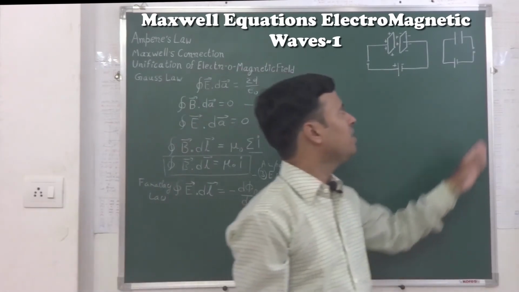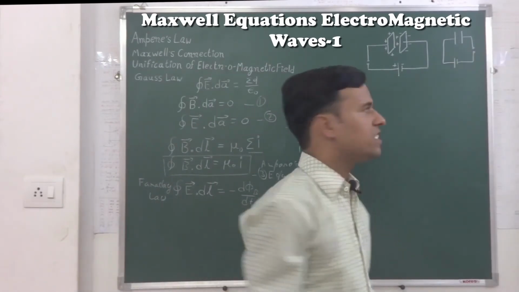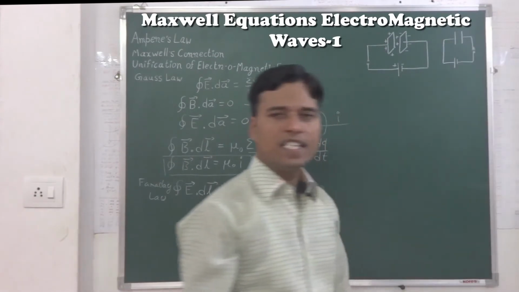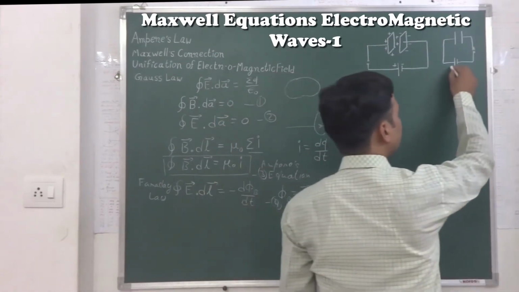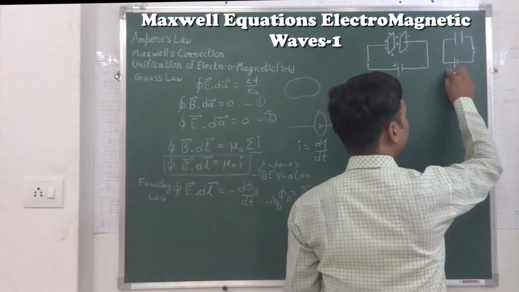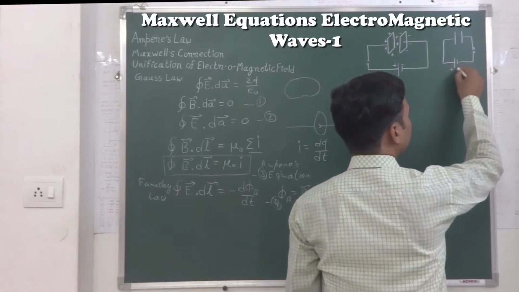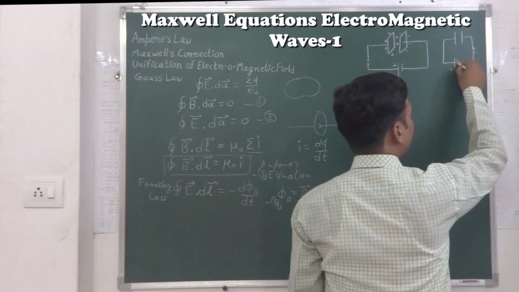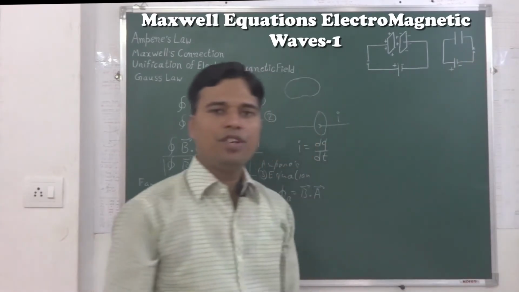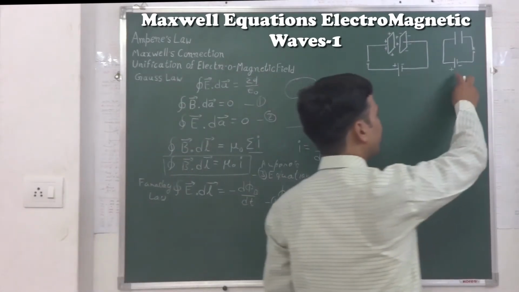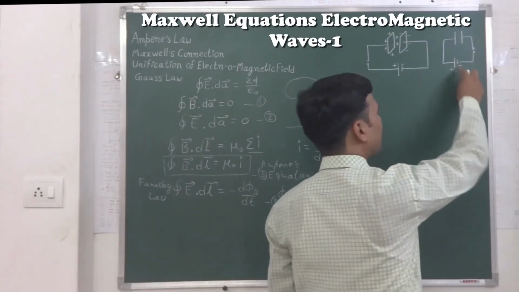Now dear students, when we close this key, this capacitor will start to charge. This is the plus terminal of the battery, which is shown by the bigger line. This is the negative terminal of this battery, which is shown by the small line.